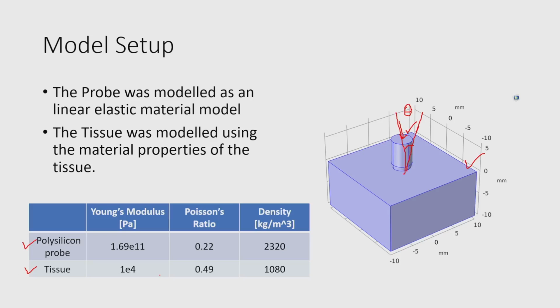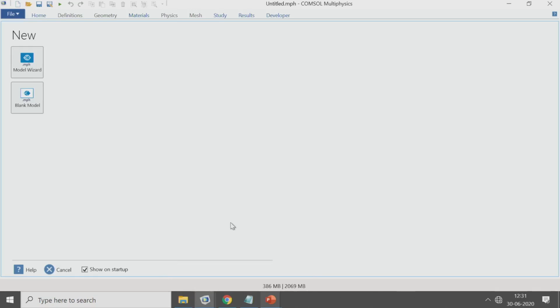Today we are going to use COMSOL to understand how the stress profile within the tissue varies under the effect of force by the electrode. This is the first thing you see when you open COMSOL. If you are new to COMSOL, it is always good to go with the Model Wizard.